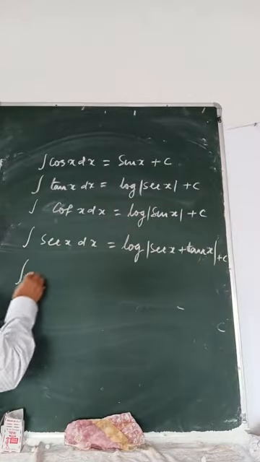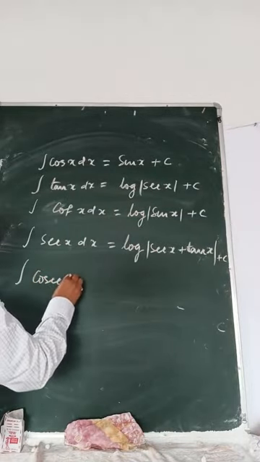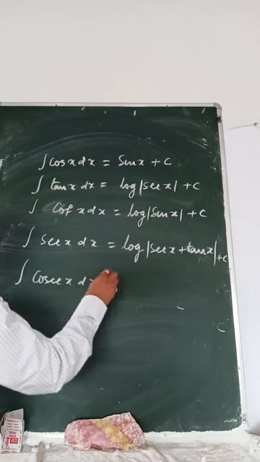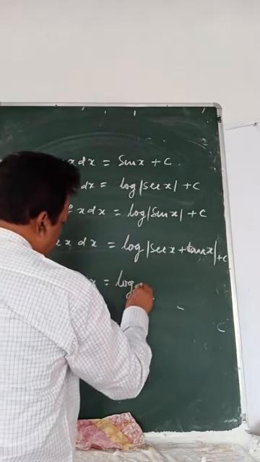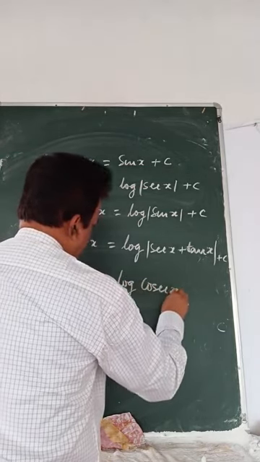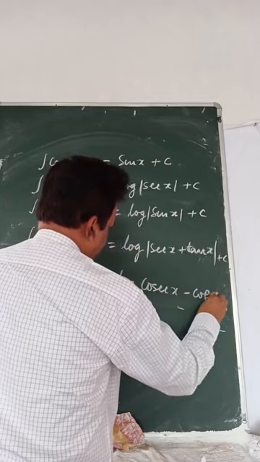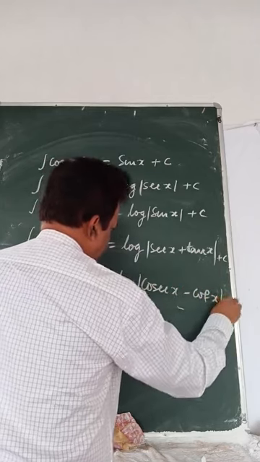Integration of cosec x dx is log |cosec x minus cot x| plus c.